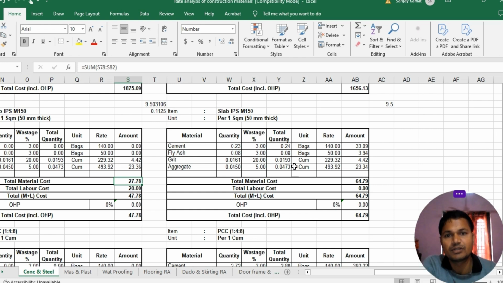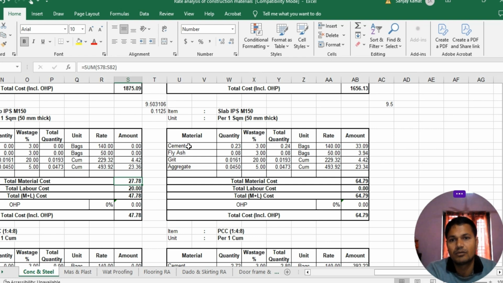This time we will take the cement also. And earlier we had not taken the fly ash also. This time we will take the fly ash also. So let's do the rate analysis for slab 3.